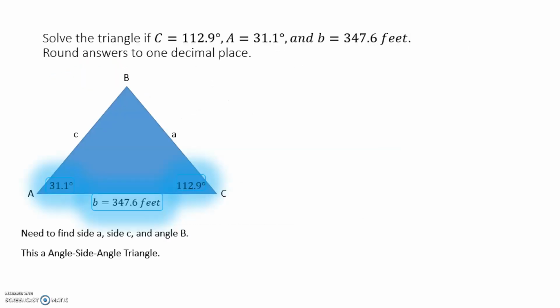All right, so the easiest one to get right now would be angle B, because I know that if I add all three of these degrees together, I'll get 180. So I'm going to do 31.1 plus 112.9 plus angle B is equal to 180.